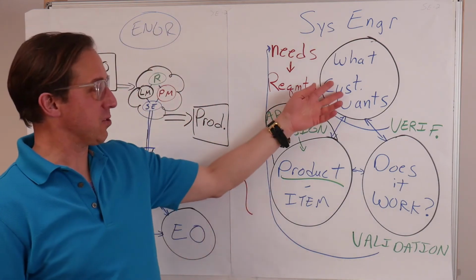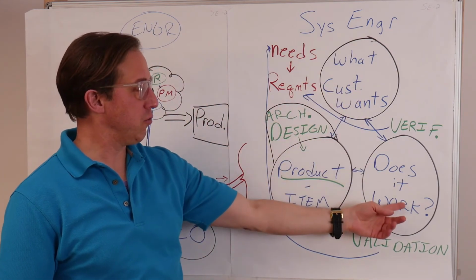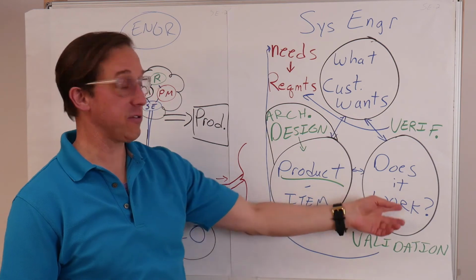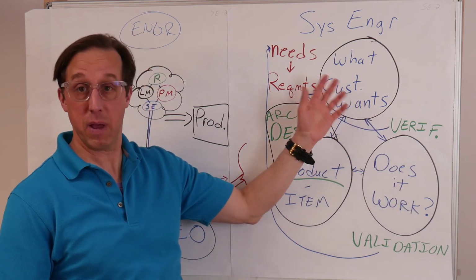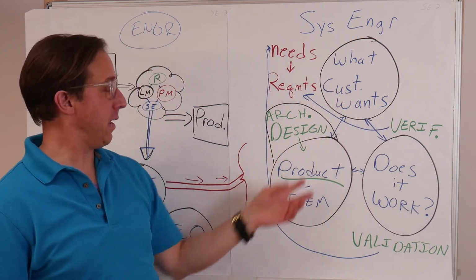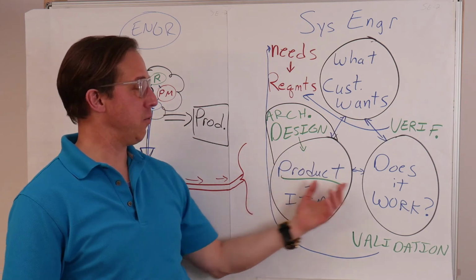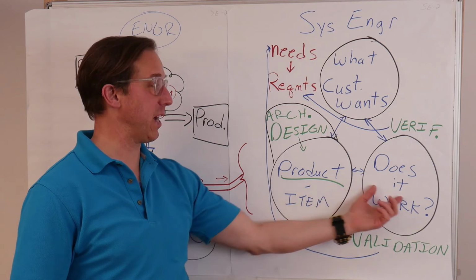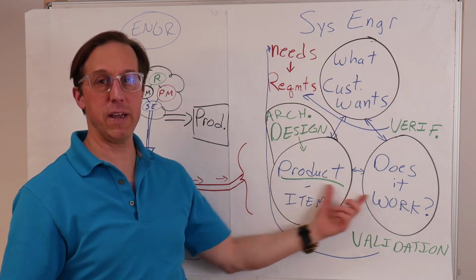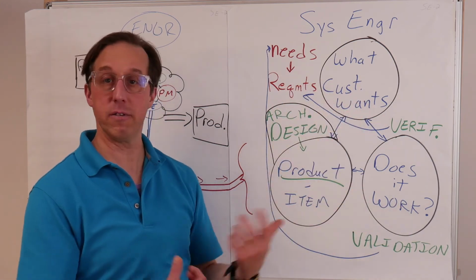So again, what the customer wants drives not only the testing, because we have to test it in maybe the customer environment, it of course 100% drives the design, the item, and then we do testing on the actual item itself. So all three very much touch each other and interrelate with each other.